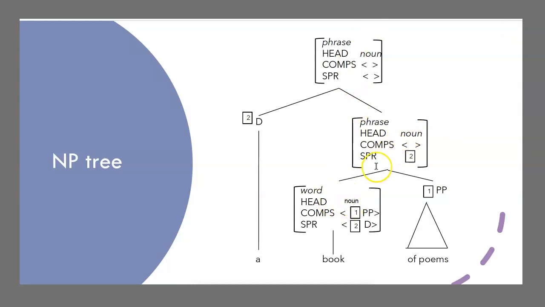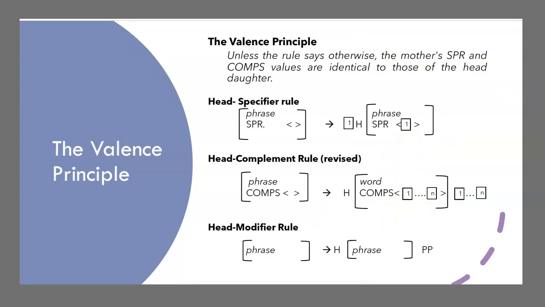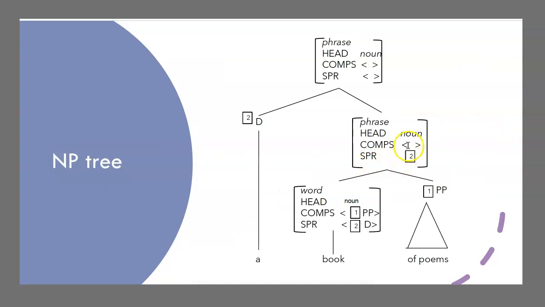by the head feature principle, and the comps which is combined with the PP becomes null. Why does it become null? By our head complement rule. All the complements required for the head daughter are combined, so the mother should have an empty list. That's what happens.